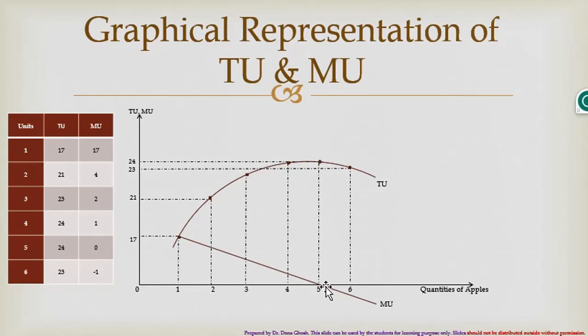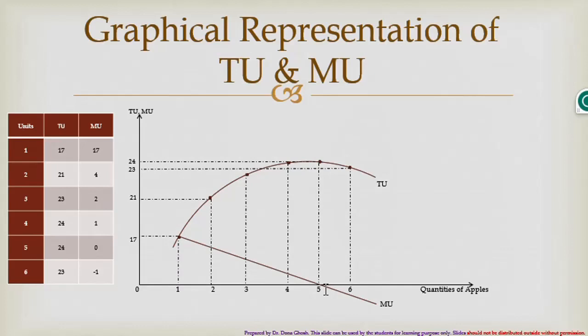If you look at the fifth unit, you can see the total utility is maximum, which is equivalent to 24 units, and the corresponding unit, the fifth unit, has a marginal utility value of 0. So when the total utility is maximum and the consumer has reached the point of satiation, the corresponding value of the marginal utility is 0.